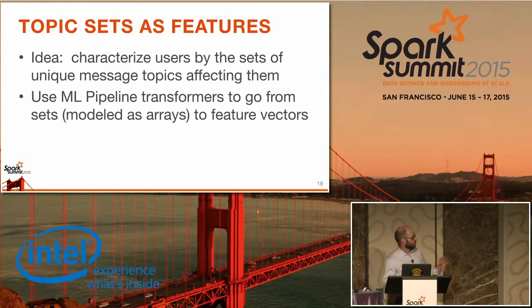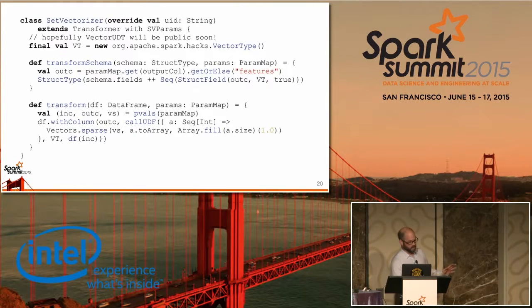So moving on to an actual learning application here, we had the idea to characterize users by the sets of unique message topics affecting them. And the idea here is that we could use machine learning pipelines and transform these arrays of unique topics to sparse feature vectors and then use that for learning. I'm not going to go into a lot of detail on this.